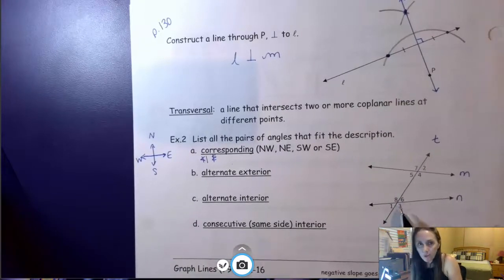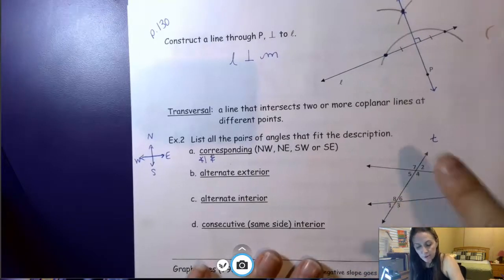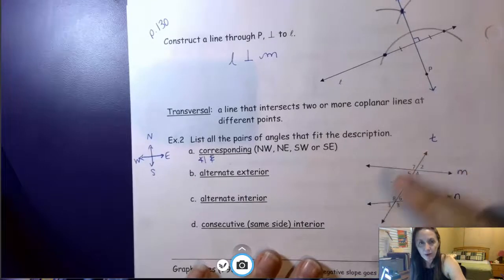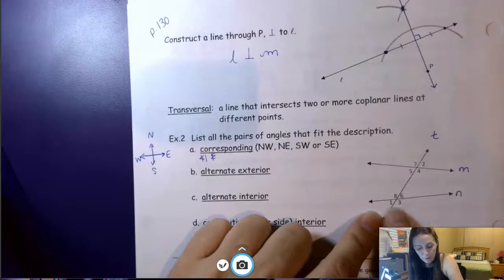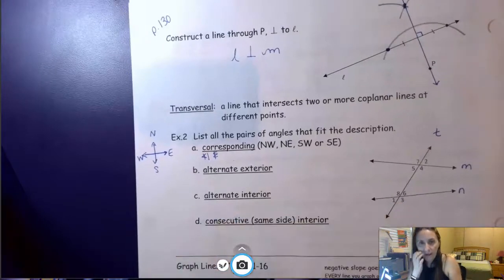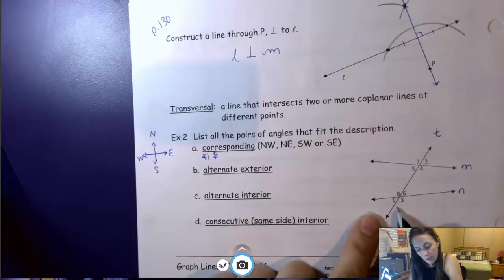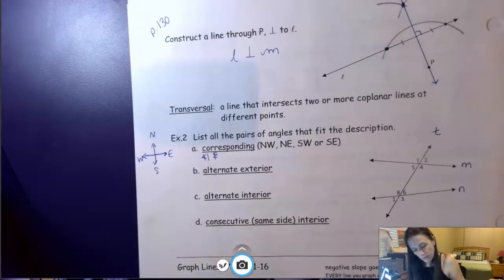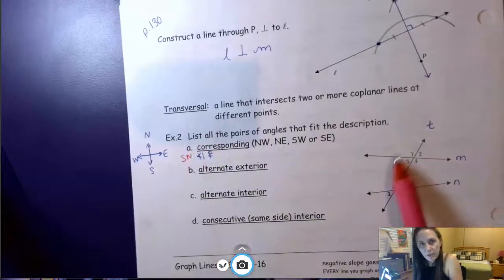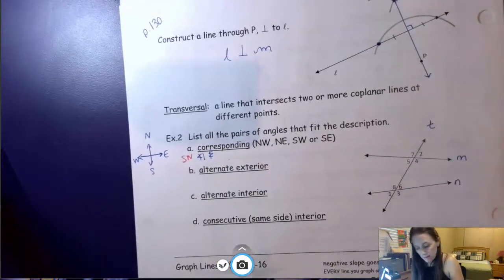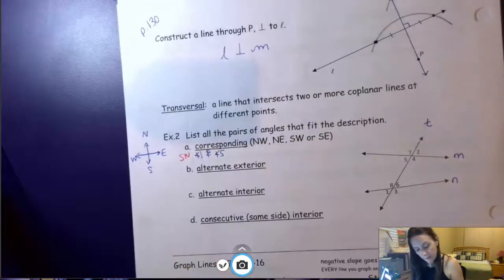These 4, I already know the relationship. So I want a relationship from one of these angles to one of these angles up here. Inside the same 4, I already know if they're linear pair or vertical. So I want one that is down here, and it's in the southwest. So I'm going to put southwest right here. Which angle up here is in the southwest? 5. So angle 1 and angle 5 are corresponding.